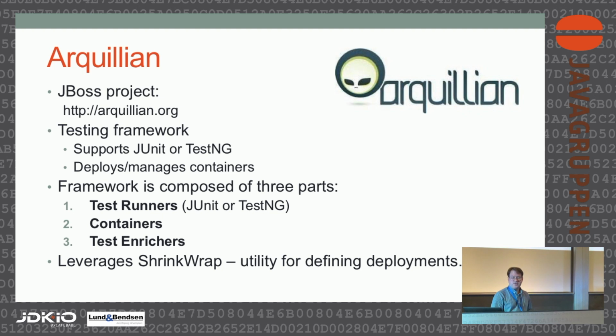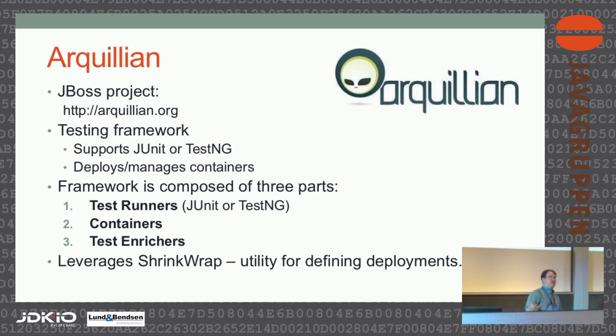It leverages something called ShrinkWrap, which is another JBoss project, which will build up the images that you're going to execute, right? Because very often your build system is going to produce the final WAR file that you're going to deploy into production, or your EAR file or JAR file, whatever you're deploying in production. But when you're running tests, sometimes you might have code that runs on startup, which for the purposes of your test you don't want to execute.